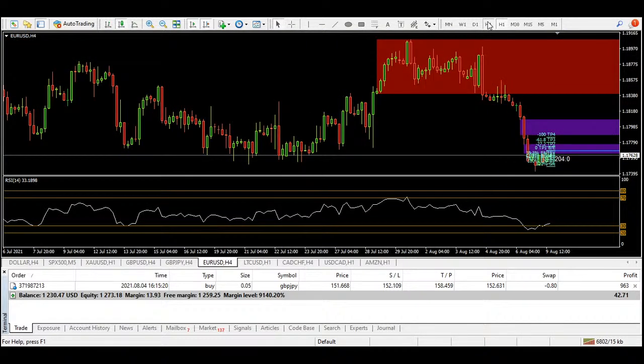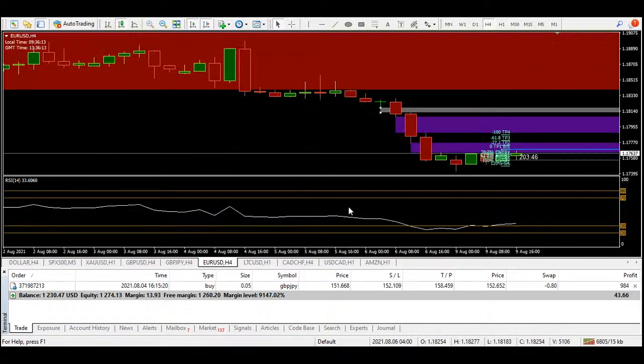This will be coming on the 4-hour. This is one that I forgot to mark. Another candle imbalance. We also have this supply zone that has not been tested yet.